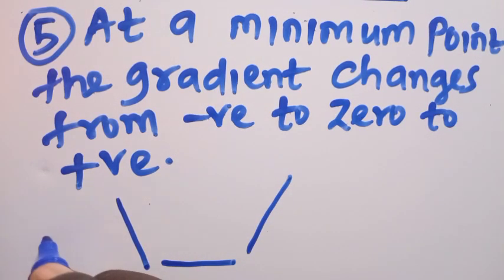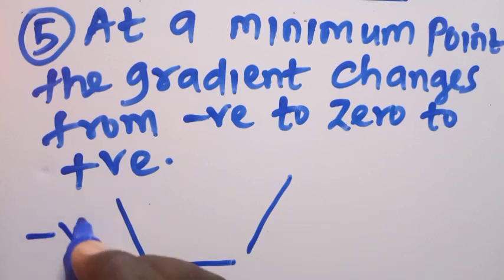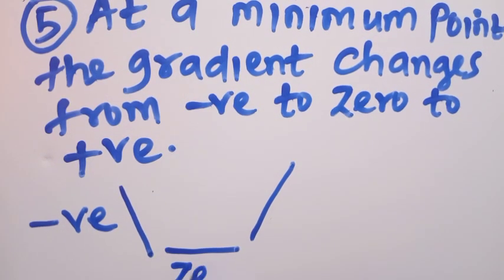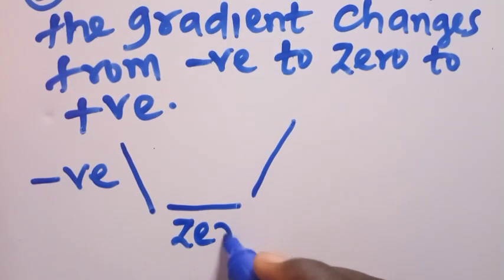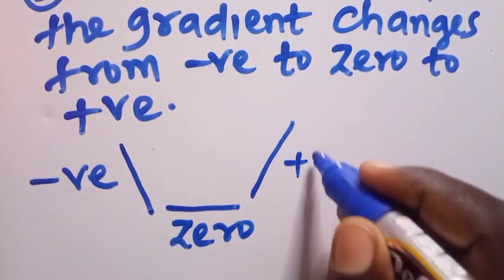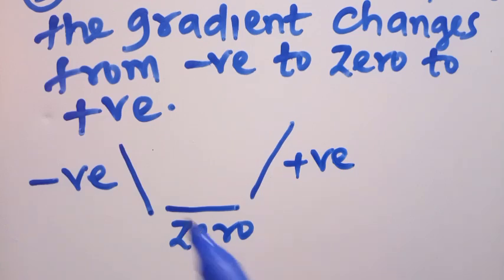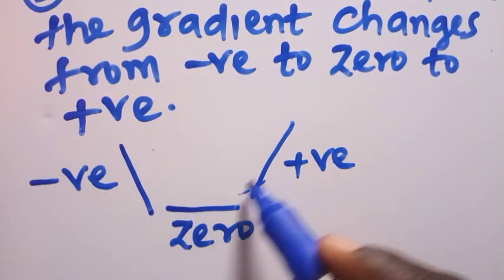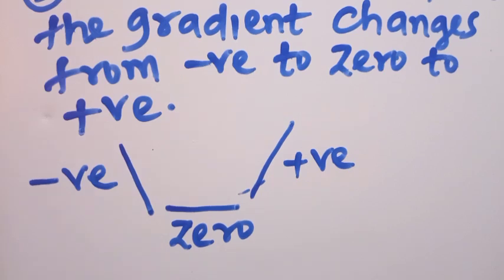So not the graph, but the gradient changes from negative to 0, then to positive. This is the nature of a minimum point.